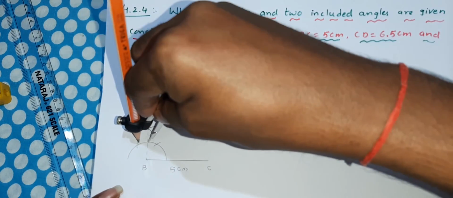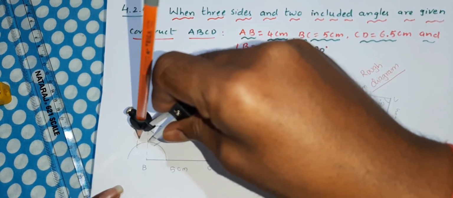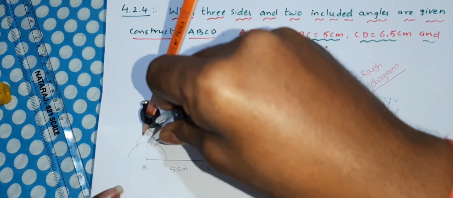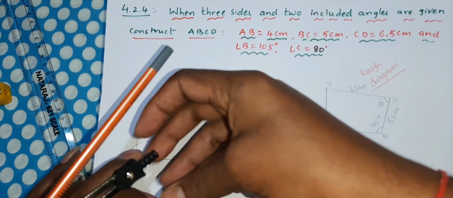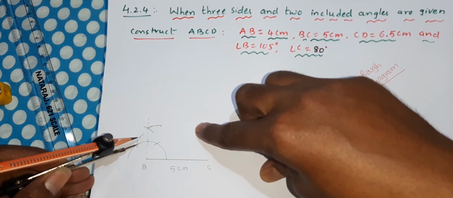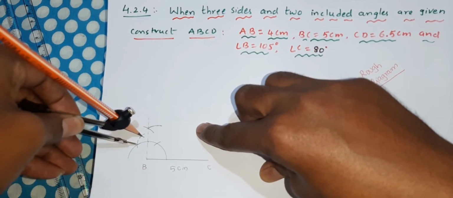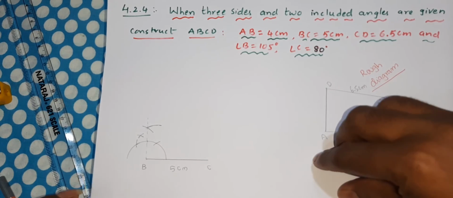So take more than half of the length. Right? Draw the arc. And with that same radius, just cut that arc with 120, right? That is 105 degrees. Now just extend that line.